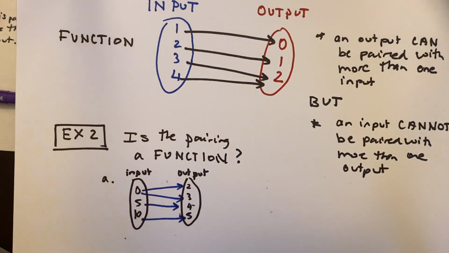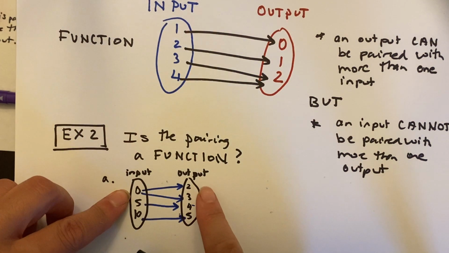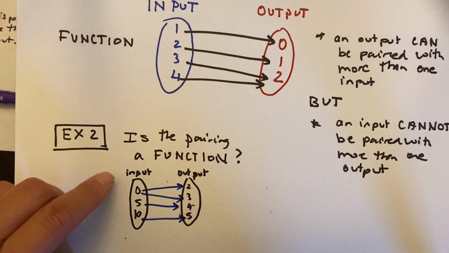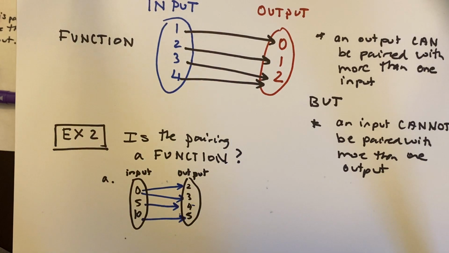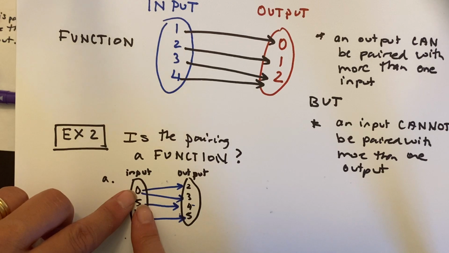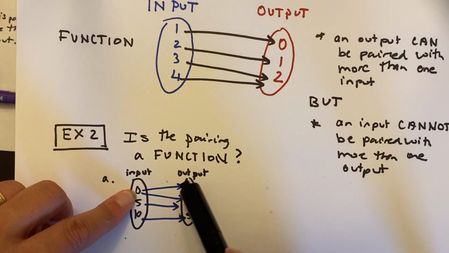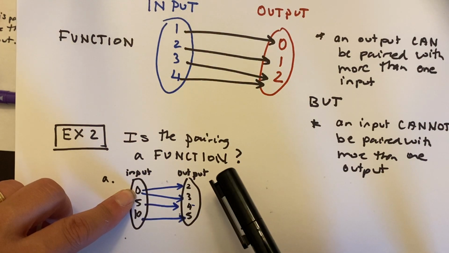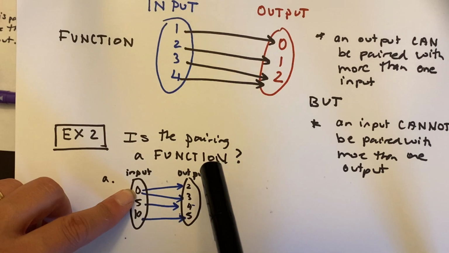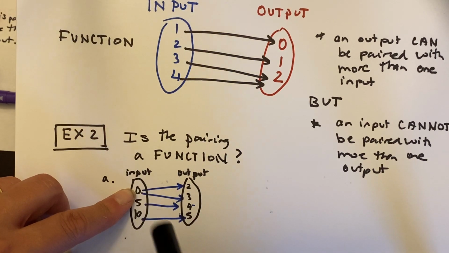Well, let's look at the definition of a function. Is an output paired with more than one input? No. Is the reverse true? Do I have an input that has 2 outputs? 0 apparently can cause either 2 or 3. The output 2 depends on 0 and 3 depends on 0 at the same time.